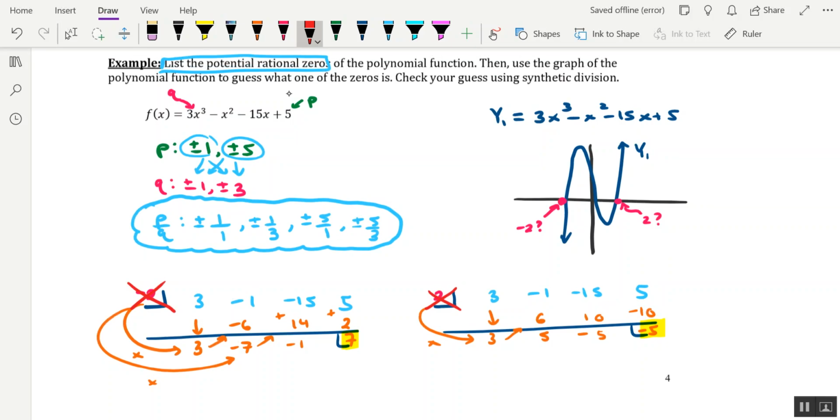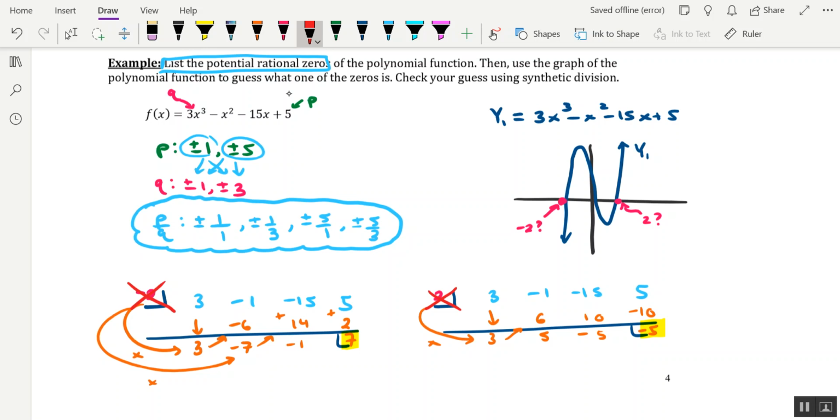We want to guess a number that's between 0 and 1. Now, something we haven't been doing with our guesses is checking to see if these numbers would be from our list of P over Q. After all, negative 2 and positive 2 are rational numbers, so the rational zero theorem says that if there are any rational numbers, they're only going to come from this list.